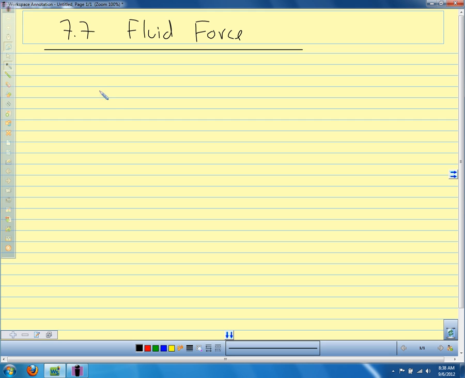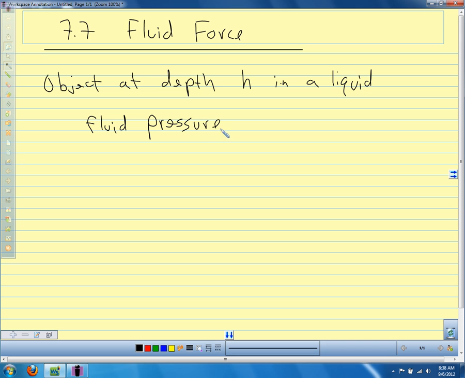So if we're thinking about an object that is at a depth h in liquid, the pressure exerted on the object, the fluid pressure, I'll call it P, is W times h, where W is the weight density of the liquid per unit volume.